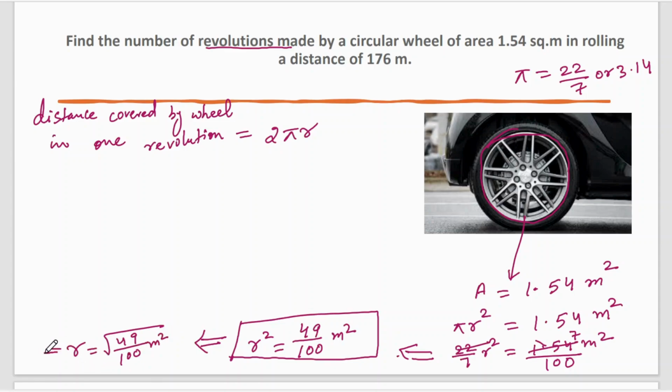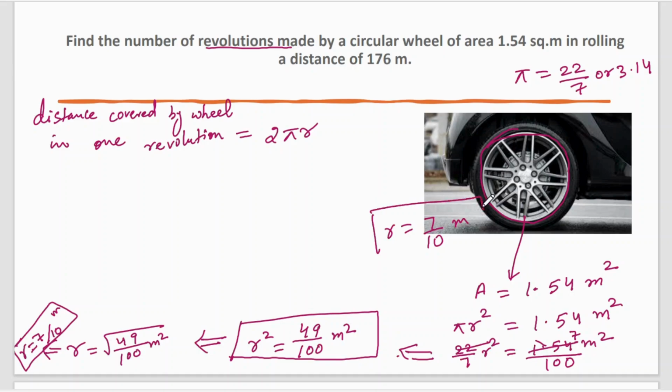And then finally you will get r equal to 7 by 10. So you have to use this value now. We have got the value of r equal to 7 by 10 meter.